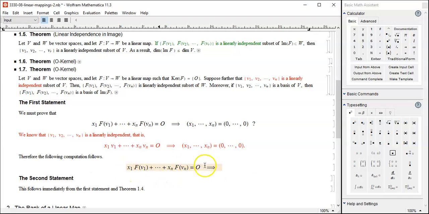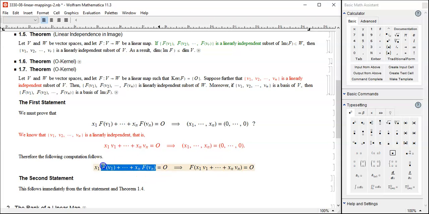Okay, this is equal to zero, and let's apply the property of the linear map. That is, it preserves the linear combination, so we can write like this. We can pass all this linear combination inside, and we can conclude like this. Does it make sense?